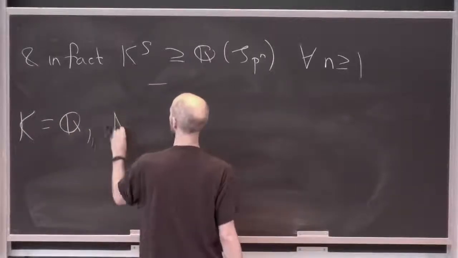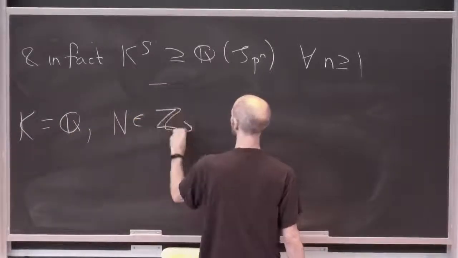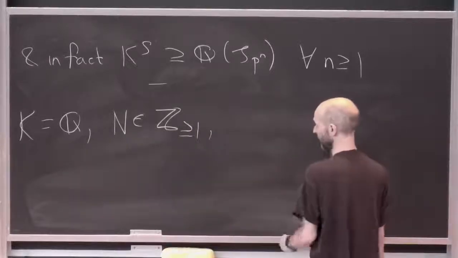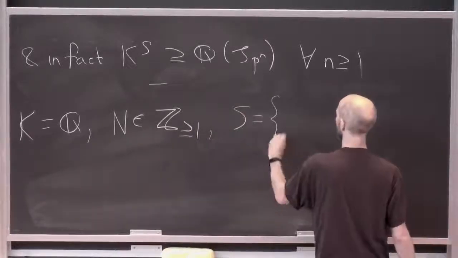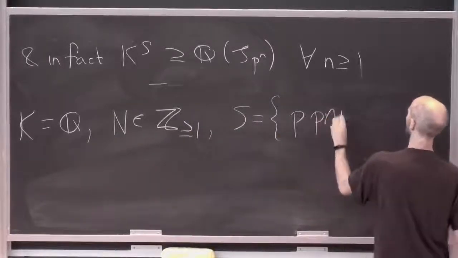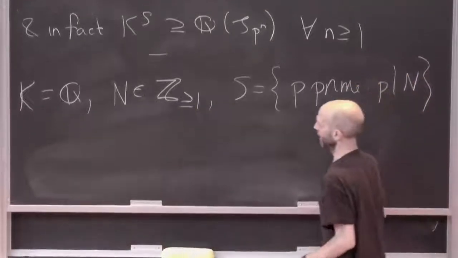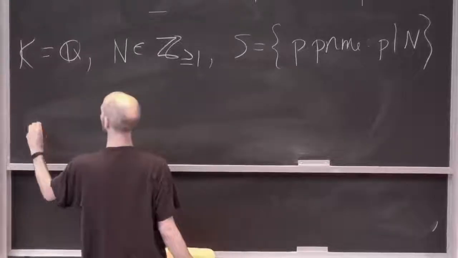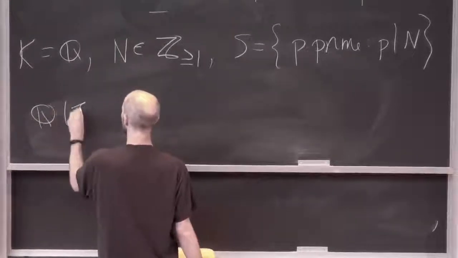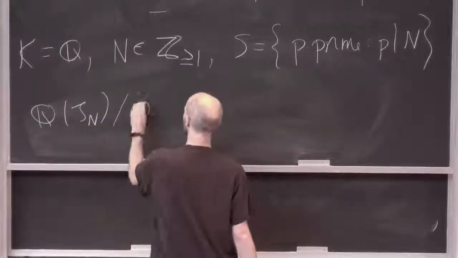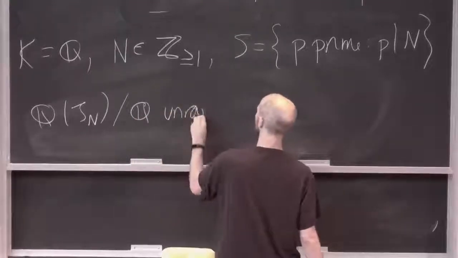Let's just fix some n, an integer at least 1, and let S be the primes p dividing n. And then it turns out that Q(zeta_n) is unramified outside S.